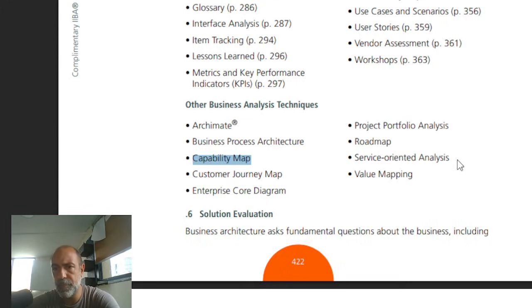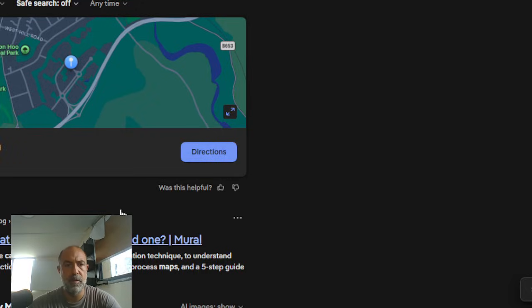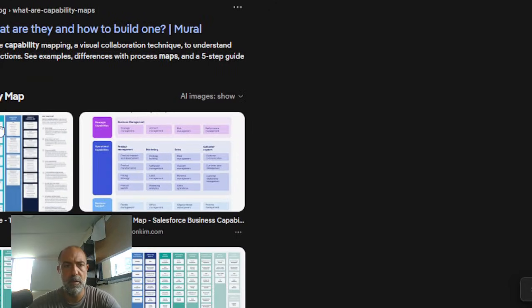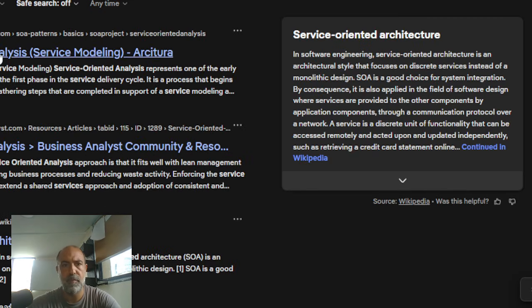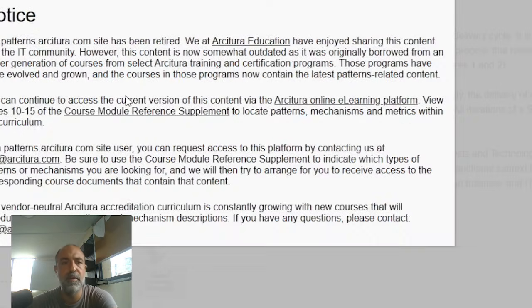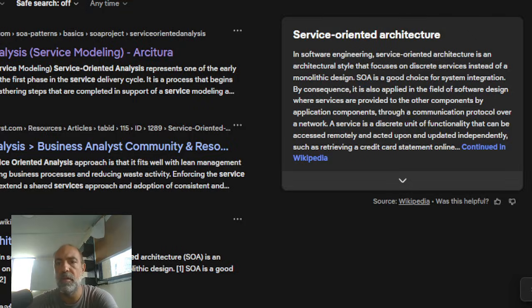Service-oriented analysis. It's kind of interesting. Service-oriented architecture is an architecture style that focuses on discrete services instead of a monolithic design.